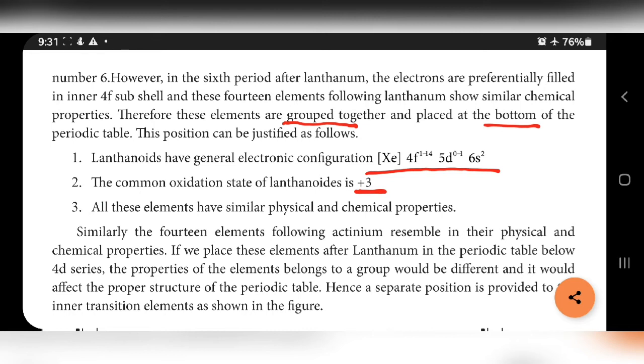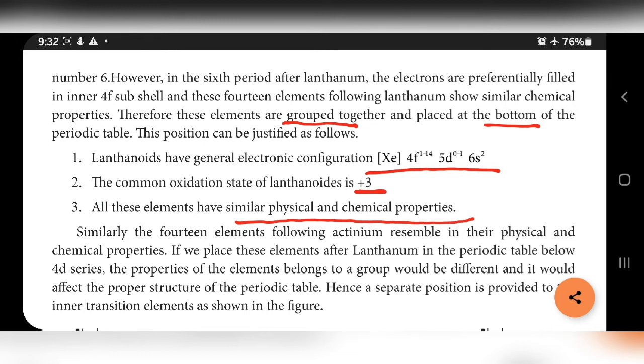All have similar properties, and this is explained by these three points: similar electronic configuration, common oxidation state +3, and similar physical and chemical properties.